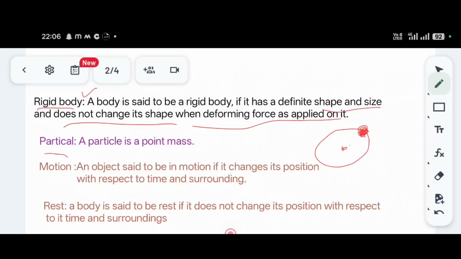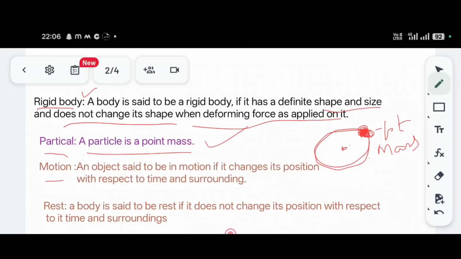Hence, we call such objects a particle. A particle is a point mass. So comparing the distance it has traveled, its dimension is very negligible. Hence we call that a point mass or a particle.